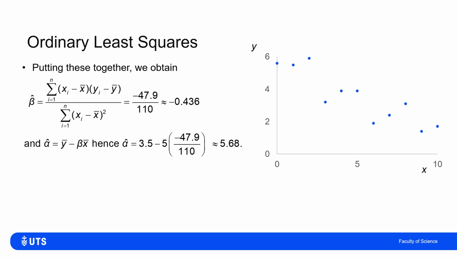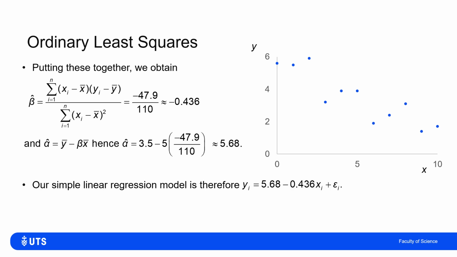And I said, from eyeballing it, I expected about minus a half, and then I can substitute through, and I'll get an intercept term of, I guessed about 6, and it's a little bit below that. So the simple linear regression model we get is something like that. I think I've probably drawn the line a little bit high there, but that's roughly what I'm expecting.